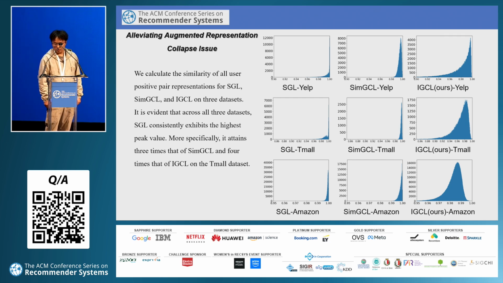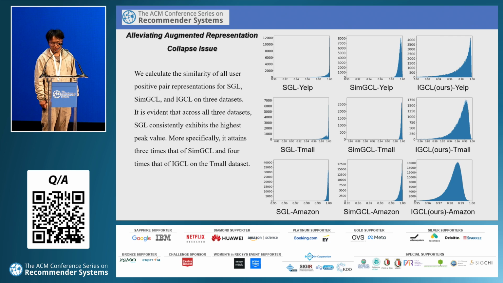This is beneficial for the contrastive loss to focus on positive pairs with varying degrees of similarity. Overall, IGCL effectively mitigates the issue of augmented representation collapse by controlling the shared information between positive pairs through reconstruction loss. Compared to SGL and SIM-GCL, they exhibit weaker collapse phenomena.